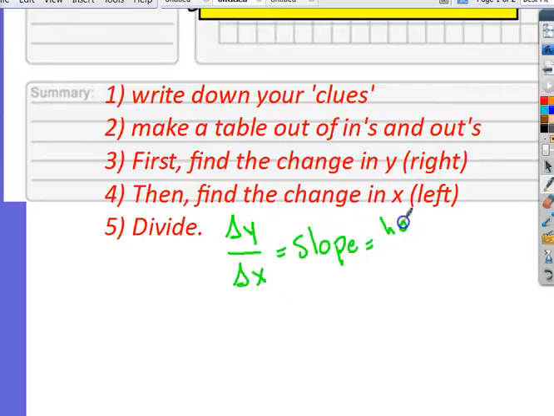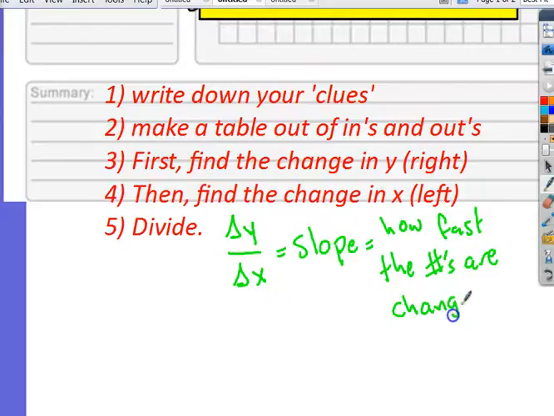And it's how fast the numbers are changing. In this case, the numbers are changing by 4 each time the left-hand side changed by 1. So all I'm figuring out is how fast the numbers change. The numbers change by 4 because every box that you add adds 4. And that's the slope.